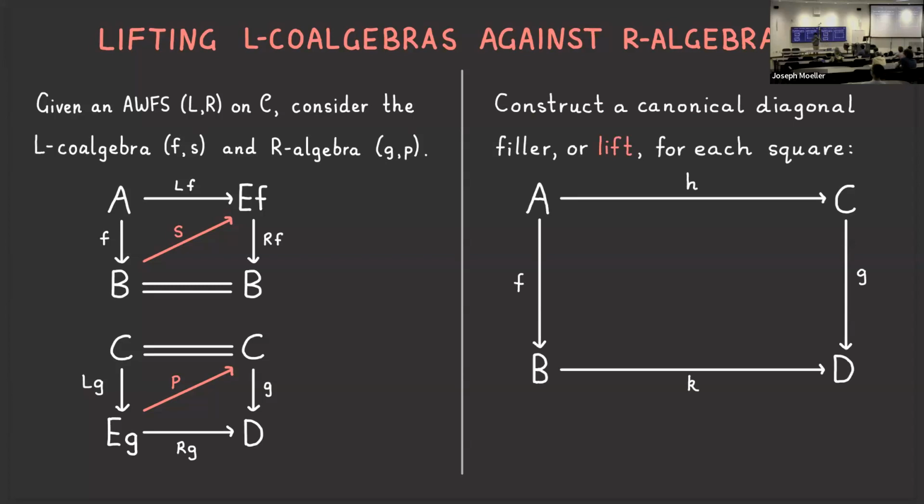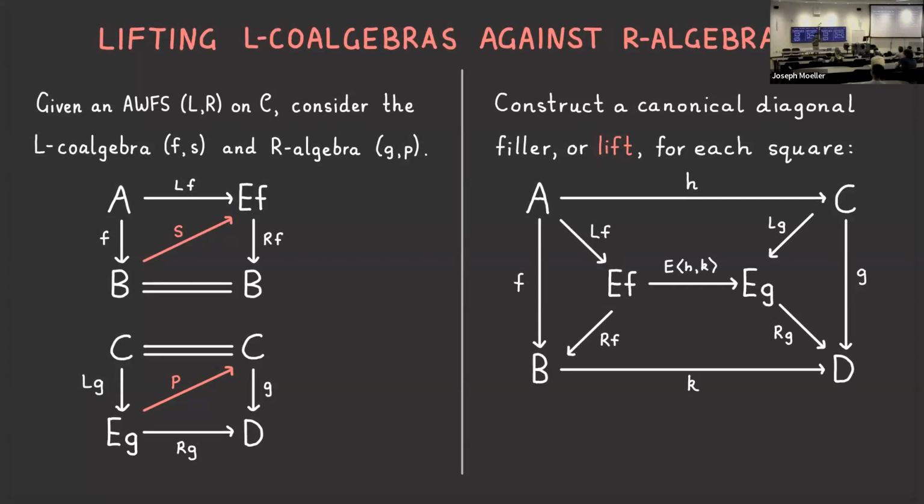So given a commuting square like this, where F is the L coalgebra and G is the R algebra, we can first apply our functorial factorisation and then use the structure of the L coalgebra and R algebra to get the morphisms S and P. And if we compose along the red in this picture, we get the canonical lift or filler in our commuting square.